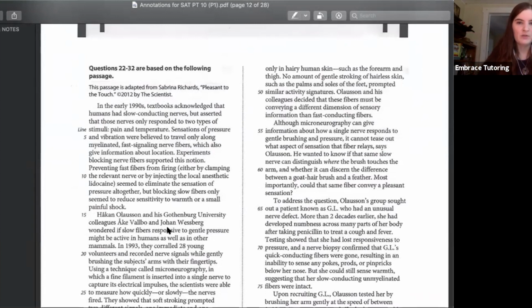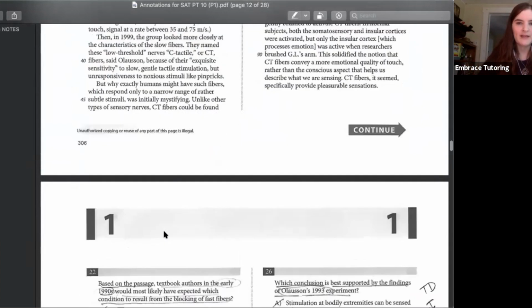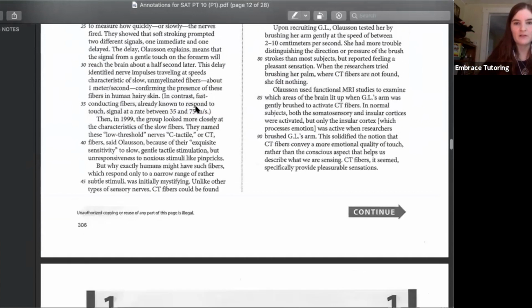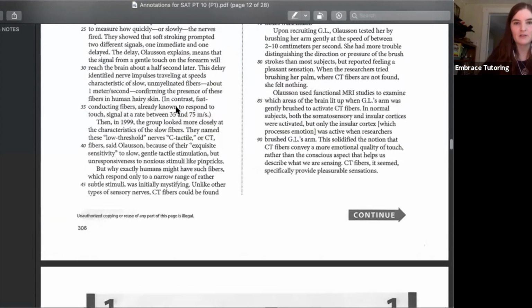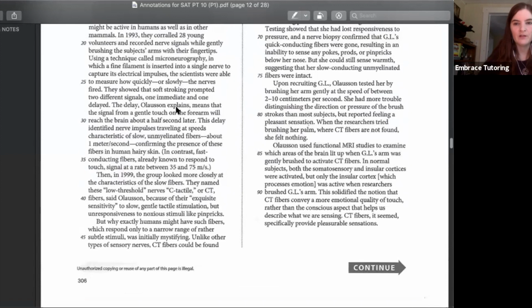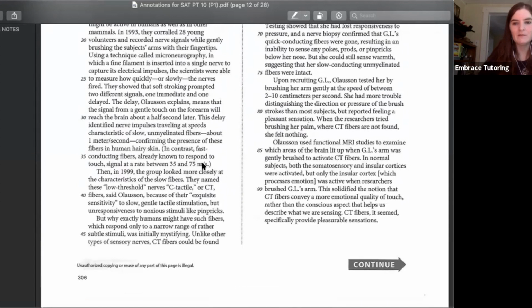questions 22 to 32? Again, this has a lot of things that you need to circle. There's a lot of numbers in here. There are even a lot of units that I would include with the number, like between 2 to 10 centimeters per second.